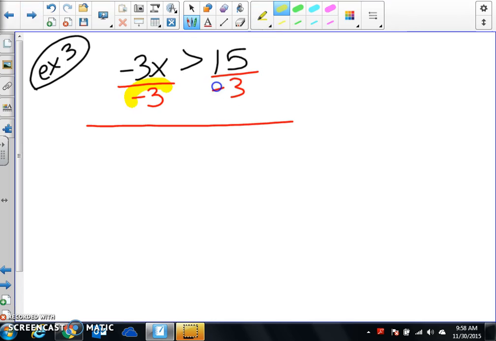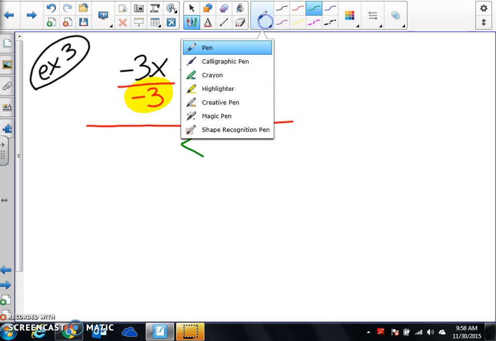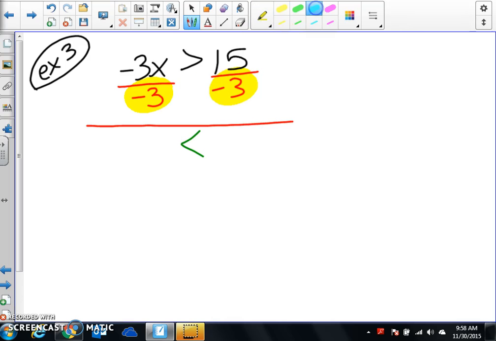Now I ask myself, did I divide or multiply by a negative? Yes. So then I take my inequality and I flip it. Remember, this time, since we divided by a negative, we flipped them. These should be opposite. All right, now those go away. I bring down my x. 15 divided by negative 3 is a negative 5.